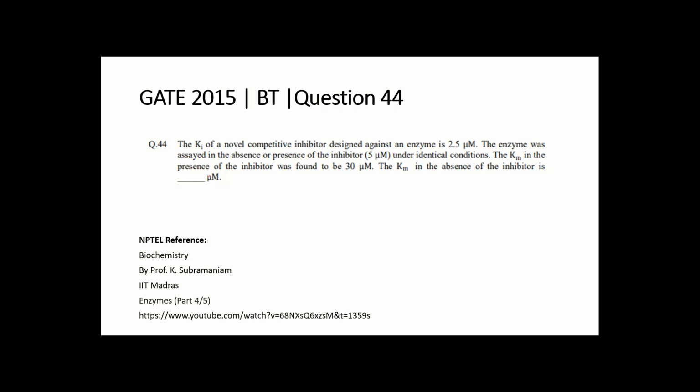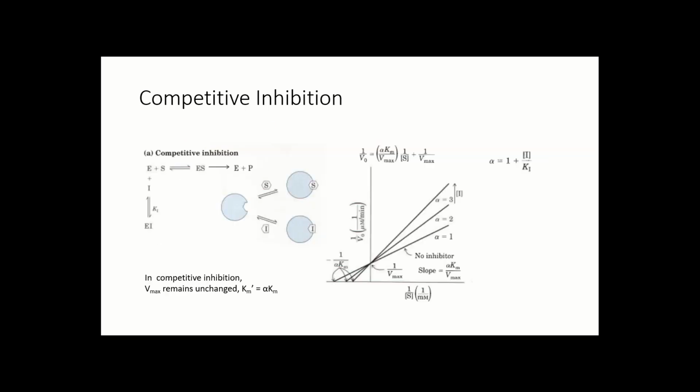So before trying to solve this question, we will first check the competitive inhibition. What is competitive inhibition? In competitive inhibition, if you see the schematic, the enzyme can bind to the inhibitor to form EI, and the enzyme also has a binding affinity for the substrate to form ES.